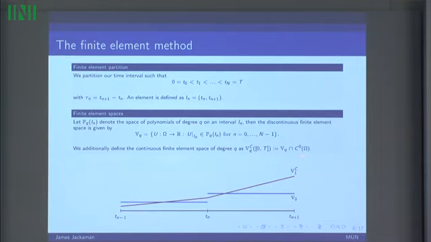So for example, in the discontinuous space, in the case where we have discontinuous piecewise constants, we have functions like this blue line here. And in the continuous case, when we're thinking about continuous piecewise linears, we have functions like this red line here.